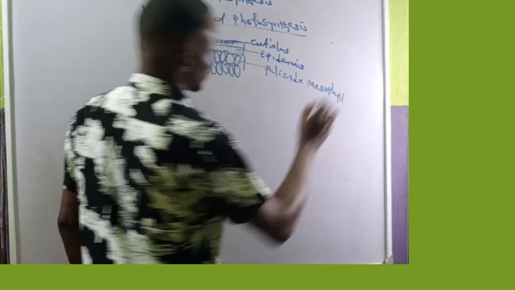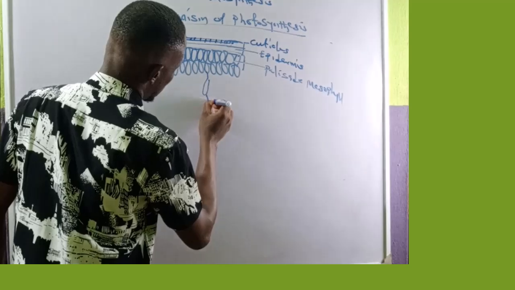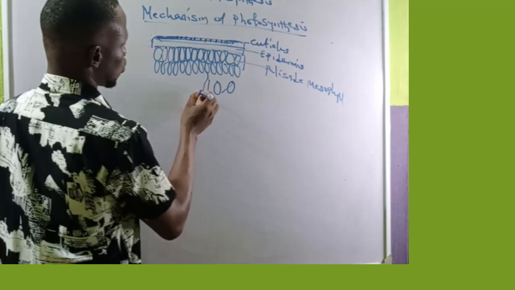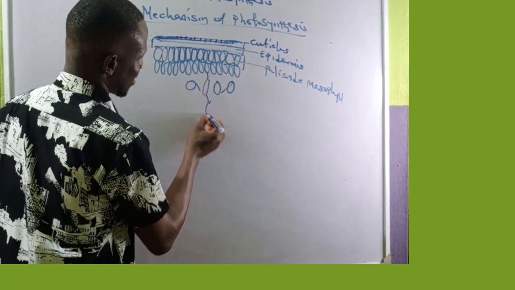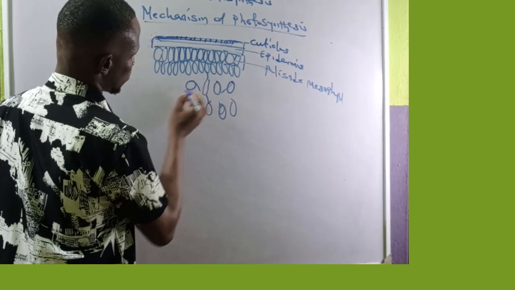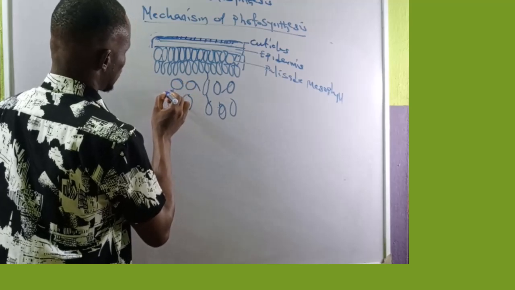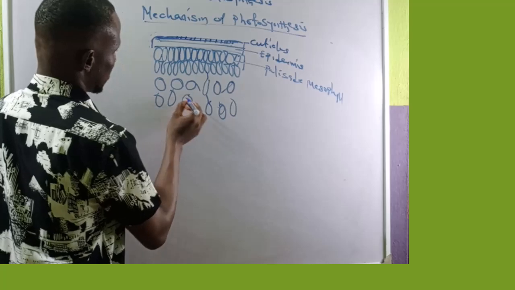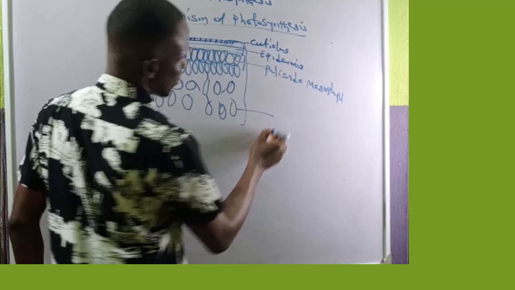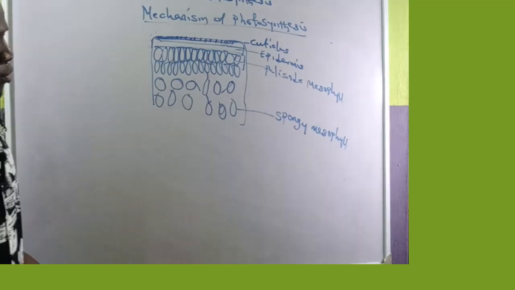We also have irregular mesophyll cells which are not regularly packed the way they are packed in the palisade mesophyll. These irregularly packed mesophyll cells in a plant are called the spongy mesophyll.